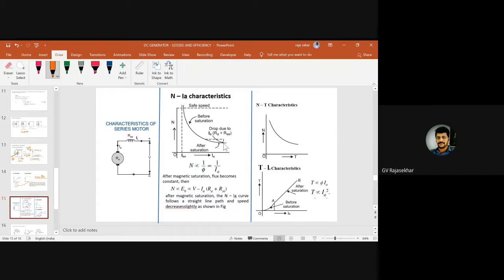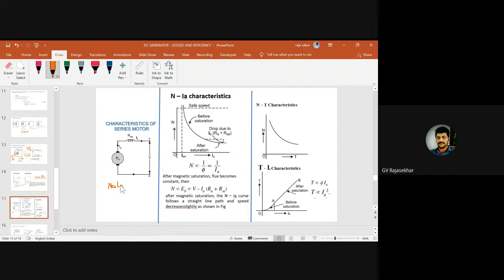When IA is equal to 0, what is N? Infinity. That means speed is infinity when IA is equal to 0. When will IA become 0? Under no load condition, because it is a series motor.